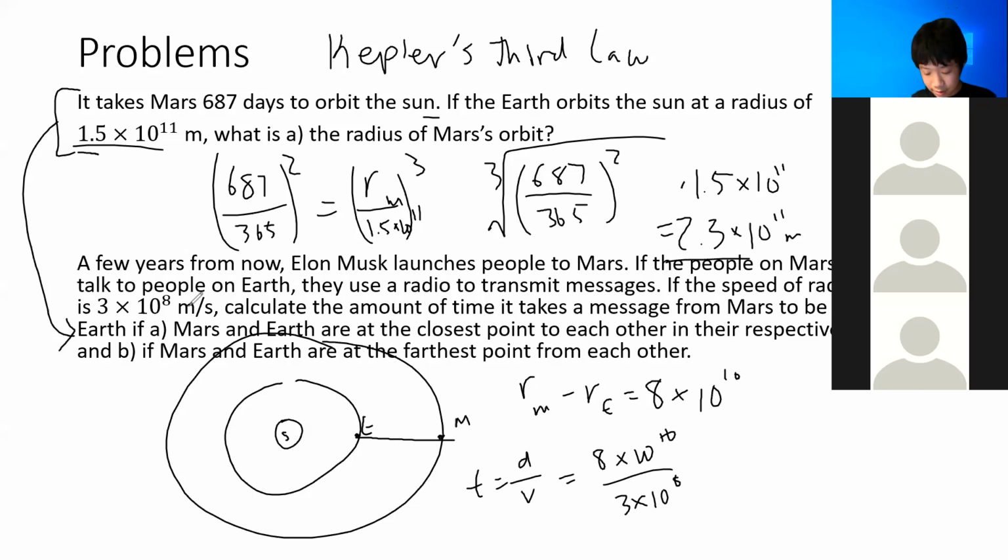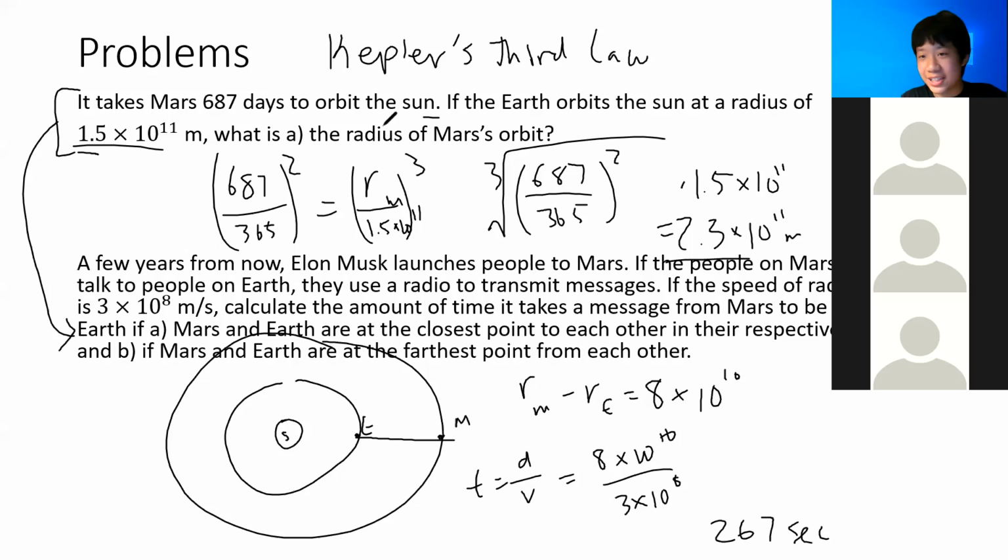Let's do that right now. That's going to be 4 point... My calculator is doing something weird. This is going to be 267 seconds. If we divide this by 60, this is about 4.4 minutes.